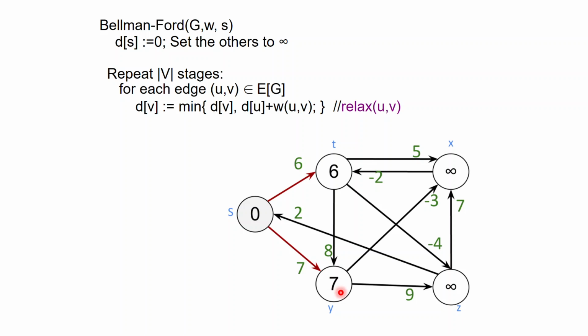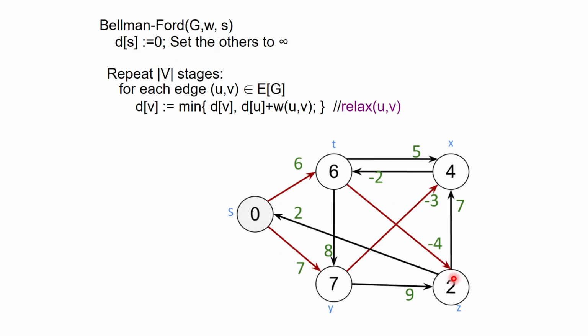The next thing that happens is that these two infinities also get relaxed. So this value here becomes 4 because it's 7 plus minus 3. And this value here becomes 2 because it's 6 plus minus 4.